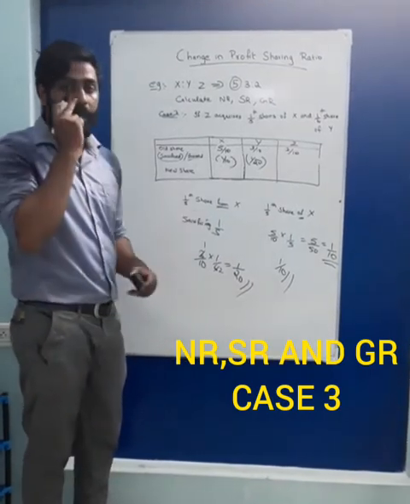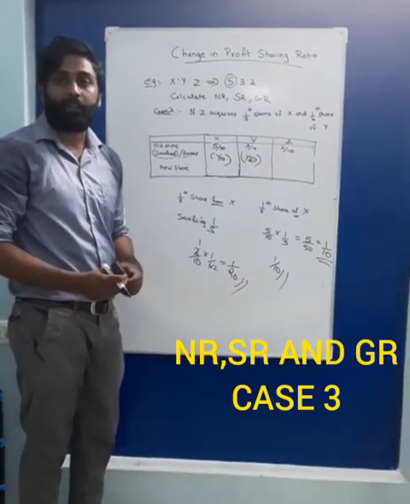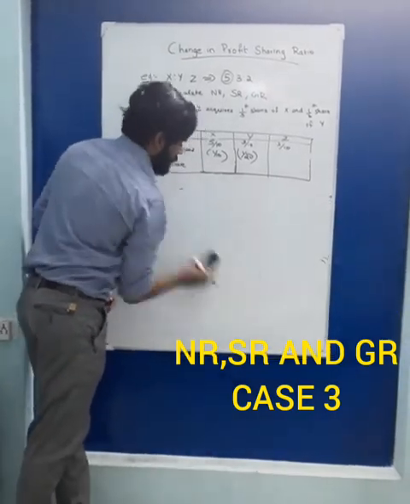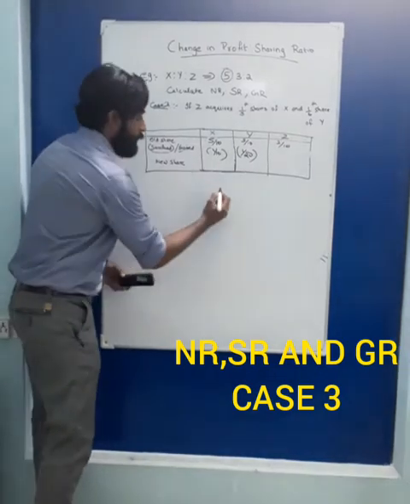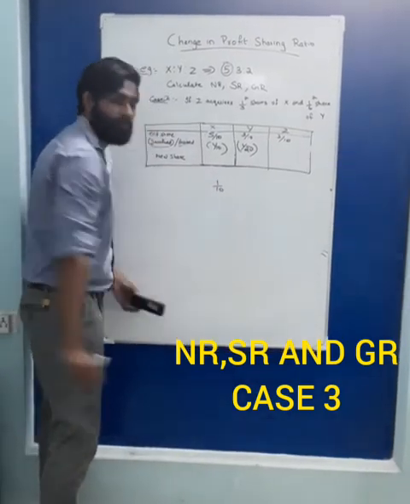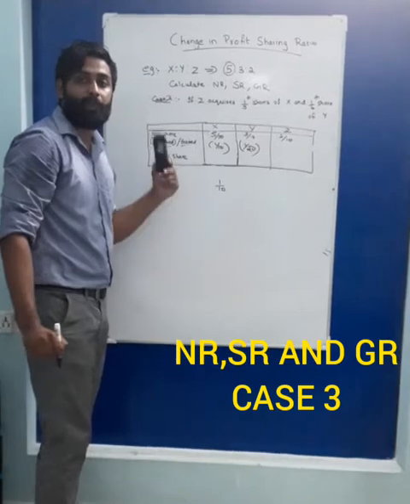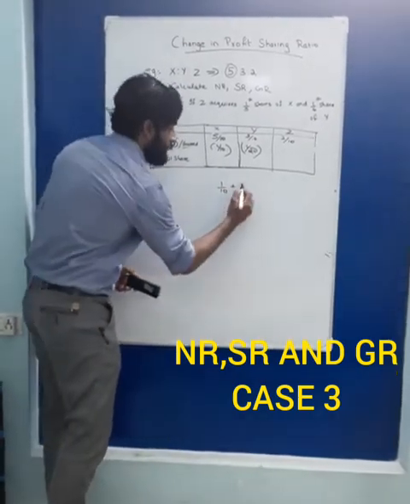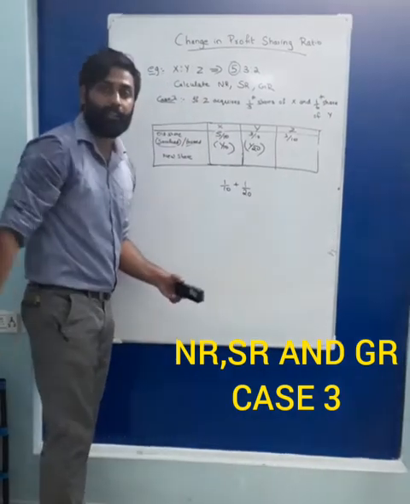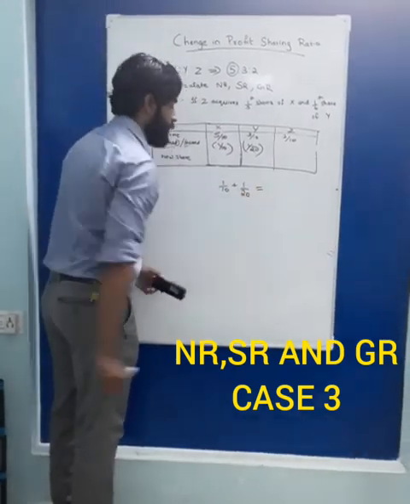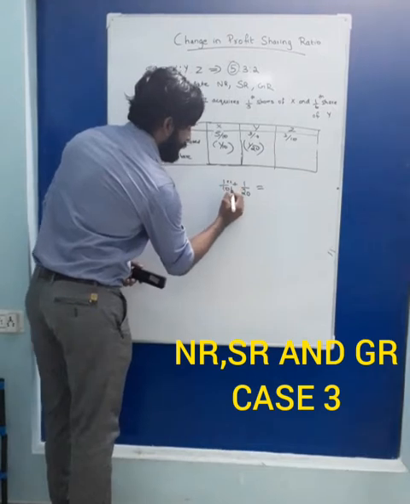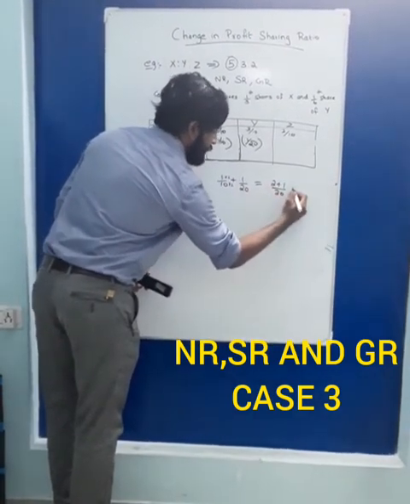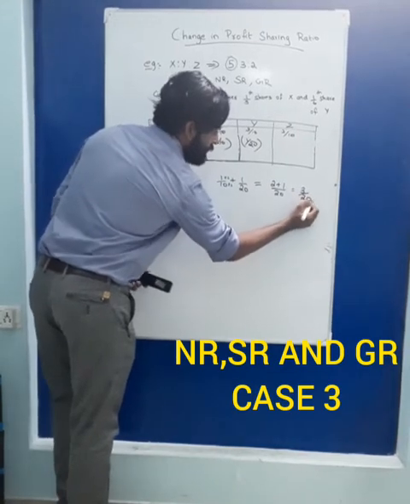And so we have to calculate the gaining share of Z. Z got 1 by 10 shares from X and 1 by 20 shares from Y. That means he totally got, we have to make the denominator the same, 2 by 20 plus 1 by 20, that is 3 by 20 shares.